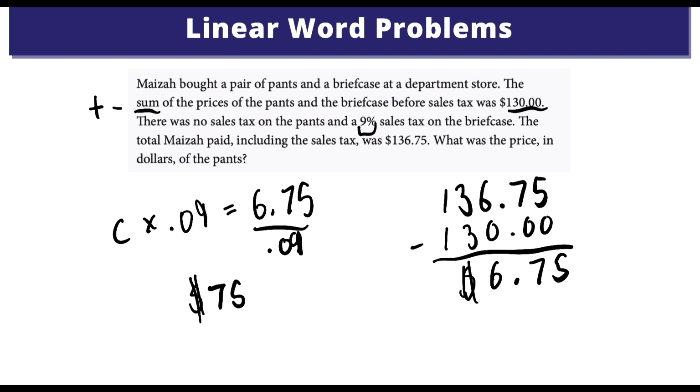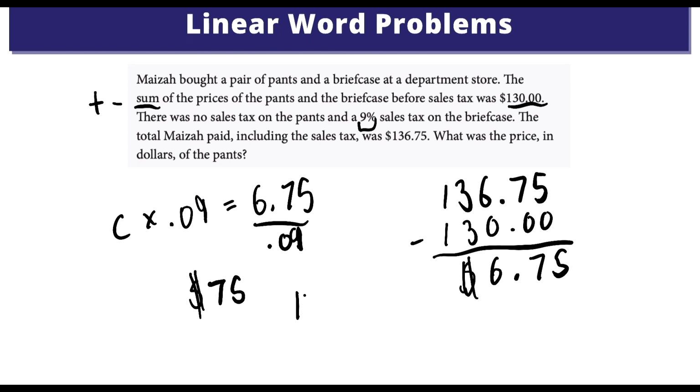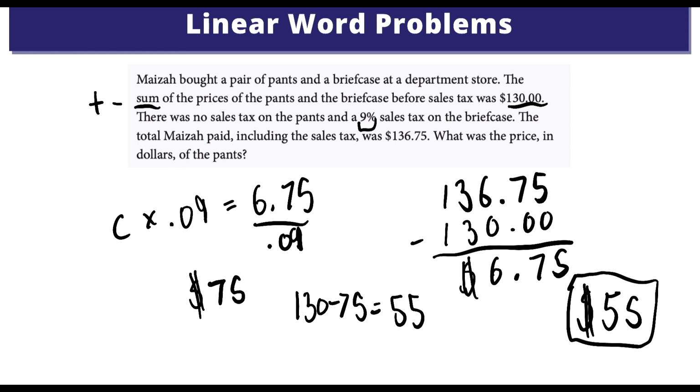And then we have the 130 total, and we minus that by the 75. And we get 55. So that means the price of the pants was $55. All right, simple like that. So these are the things they try to test you on. Can you think of ways for solutions?